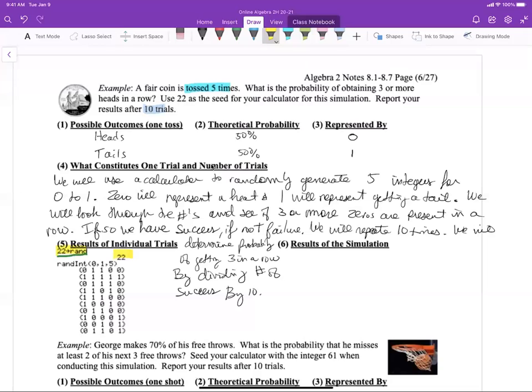So we're going to hit math. We're going to scroll over to probability. Then I would select random integers, which is option 5. I'm going to hit my lower as 0 and my upper as 1. And I want a total number of 5 integers, and I will hit enter.